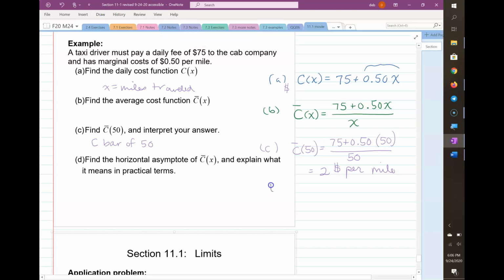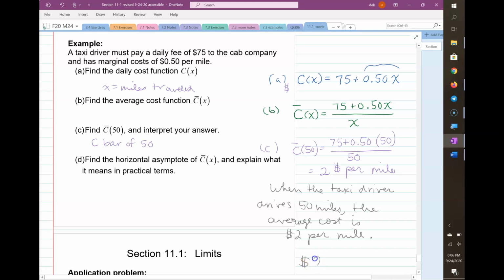So when the taxi driver drives 50 miles, the average cost is $2 per mile. And if you prefer the notation with a slash, that's fine too. You can say 2 and then the slash also means per and is read per, whichever notation you like.